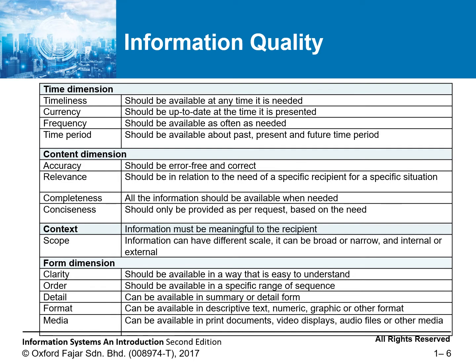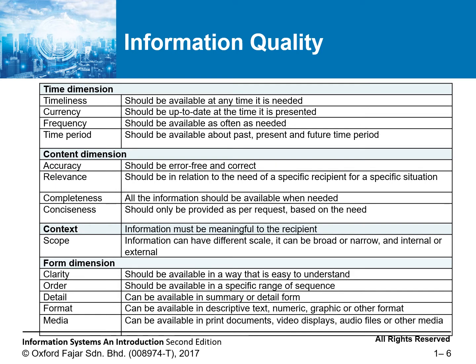The first is timeliness: it should be available at any time it is needed. Second is currency: it should be up to date at the time it is presented. Frequency: it should be available as often as needed. And time period: it should be able to cover the past, present, and also the future time period.